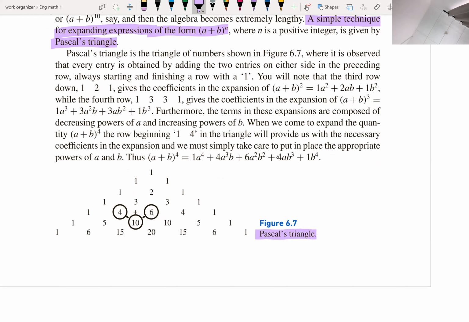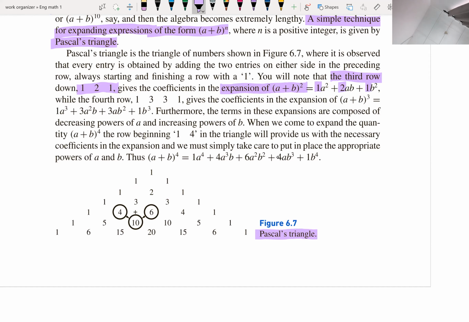Here, the third row, which is 1 2 1, is the expansion of (a plus b) squared.